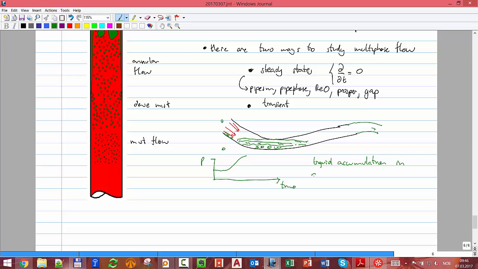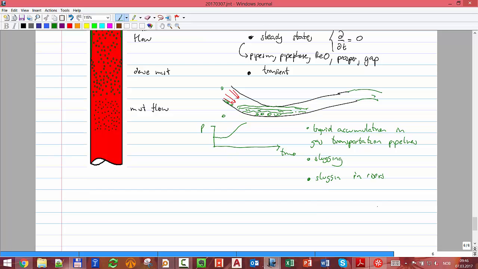So that kind of phenomenon is called liquid accumulation in gas transportation pipelines, or you have also slugging, or slugging in risers. All of that is transient phenomena that we have to analyze using different tools that we actually don't use too much when we do field planning.